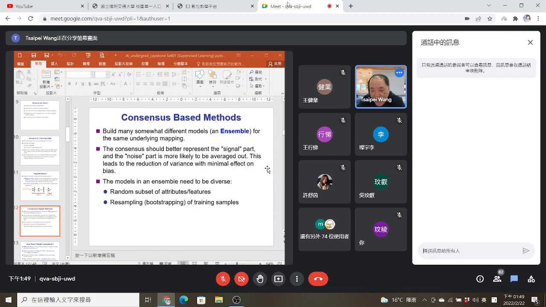Some are unweighted, like equal voting, and some are weighted, where you can assign weights to different parts of the ensemble. And you can build experts. An expert means that it focuses on some region or some part of the input space. So the weighting can depend on the input, on where the sample is in the input feature space.